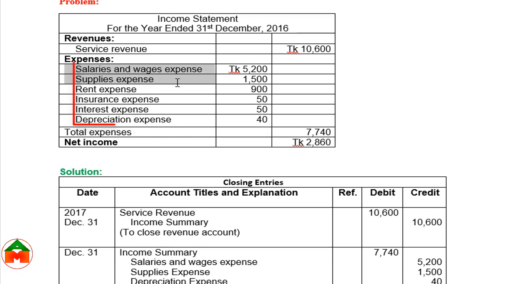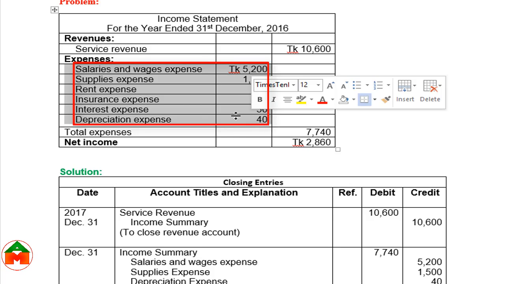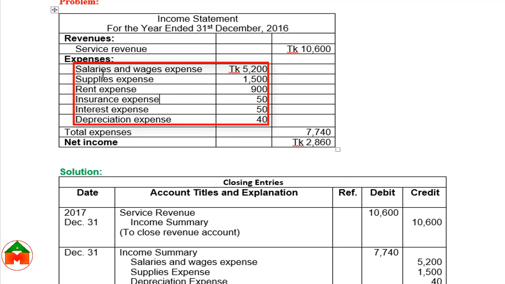Now we will close these expenses. Generally we know that expenses are debit, but we will put these expenses on the credit side because we need to produce a zero balance. Again, the purpose of closing entries is to produce a zero balance.